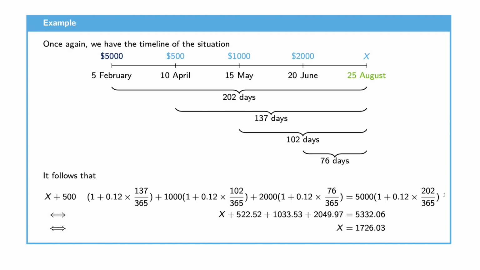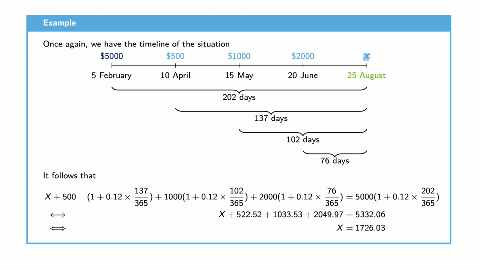What I should point out is that in a simple interest context, the value of the missing payment that you get is actually dependent on the focal date itself. So if, for example, I were to make the 20th of June the focal date, you'd find that the value of X is in a similar ballpark to the value that we just got, but it's still slightly different and not equal to 1,726.03.